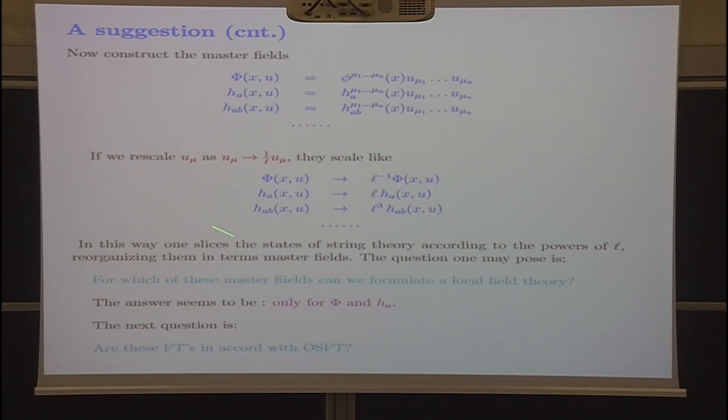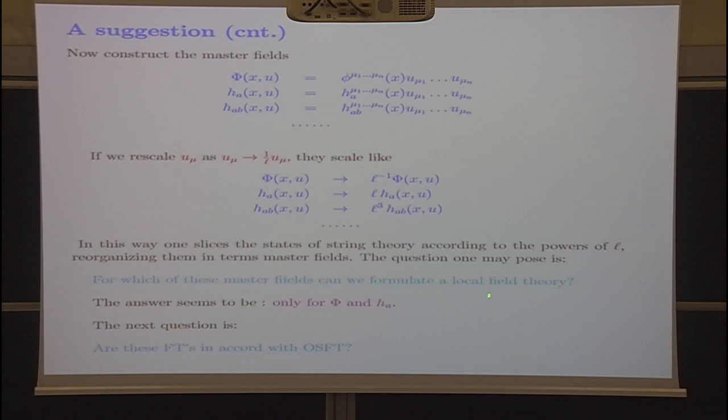So you can, in a sense, isolate the space of master fields according to the powers of L. You slice the states of string field theory according to the powers of L, and reorganize them in terms of master fields.